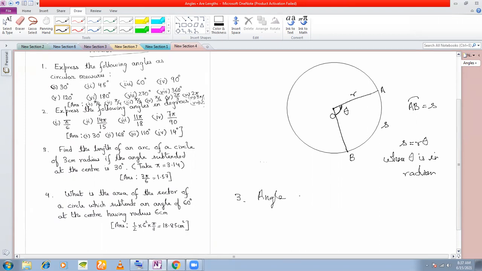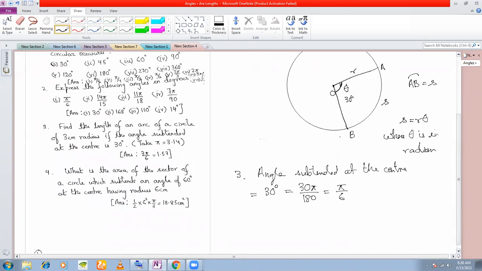First, we convert the angle to radians. 30 degrees is 30 pi by 180, which is pi by 6. Ideally, you should remember it, which is simply pi by 6.